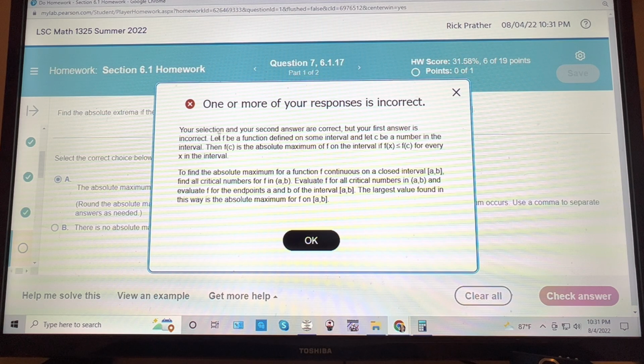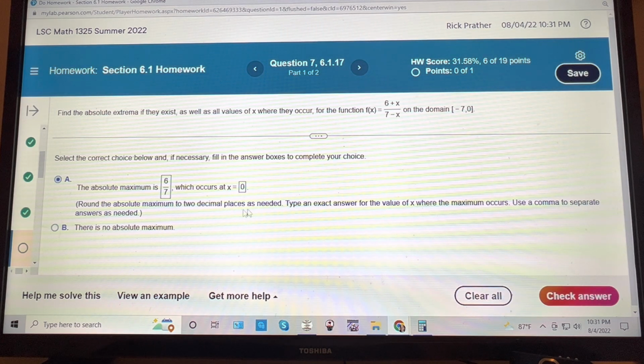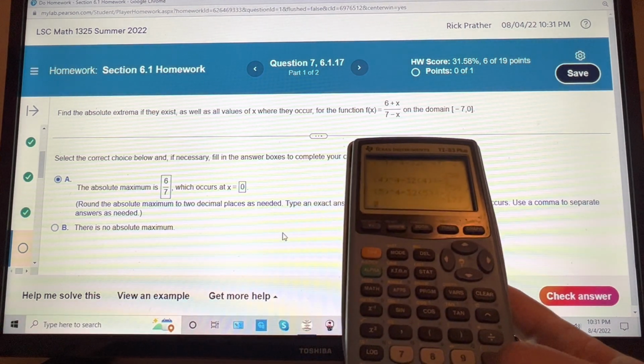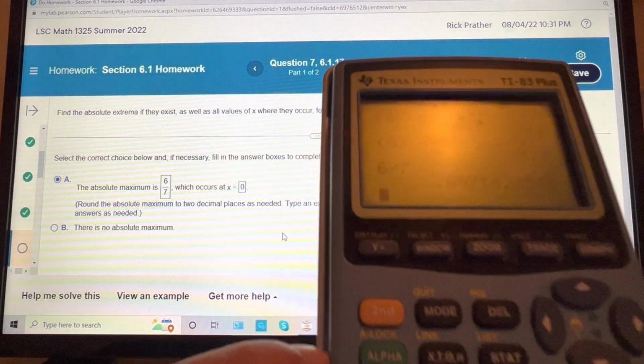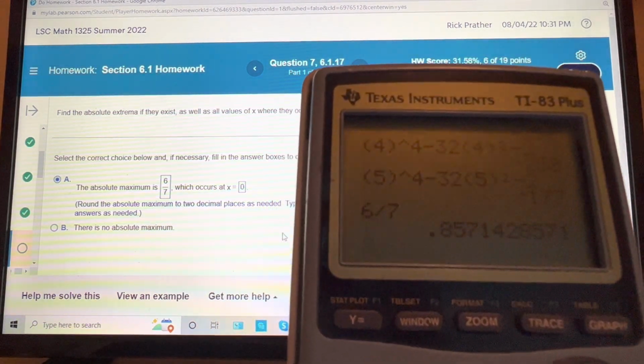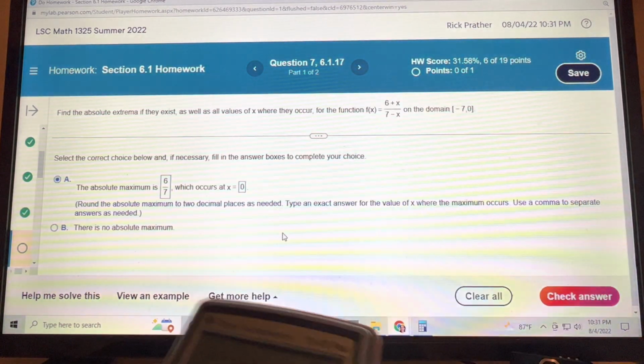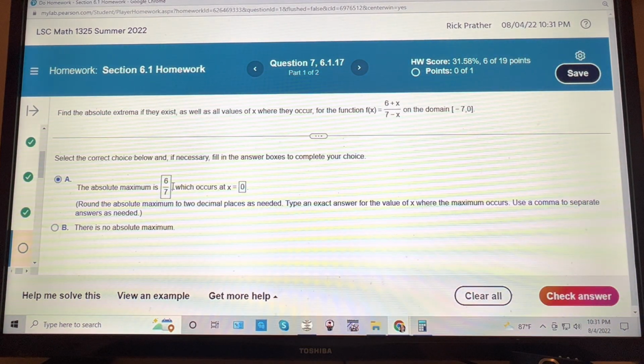Your selection, your second answers are correct. Your first answer is incorrect. Okay, I didn't read how they wanted it. Oh, round to 2 decimal places. Okay. Usually they prefer fractions. I made the classic mistake of not even reading it, just assuming that's what they wanted. So they want 0.86 apparently, which is strange. 0.86.